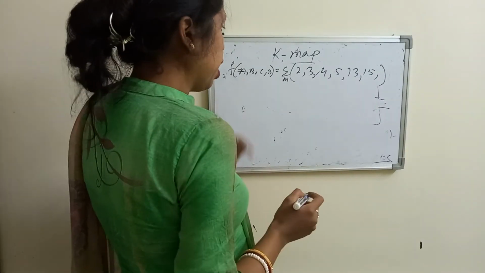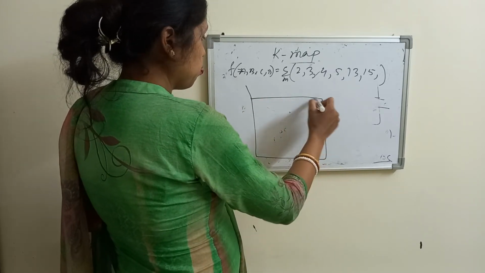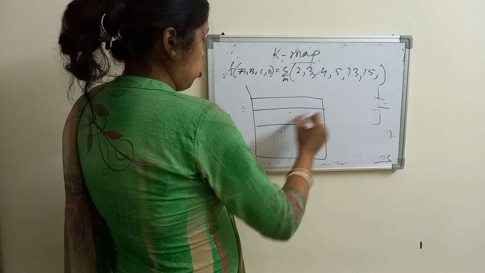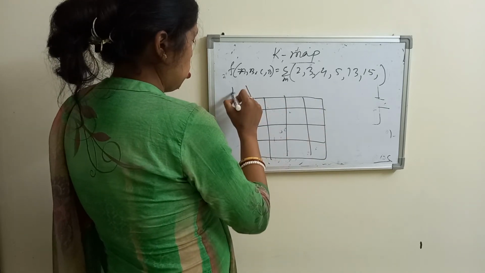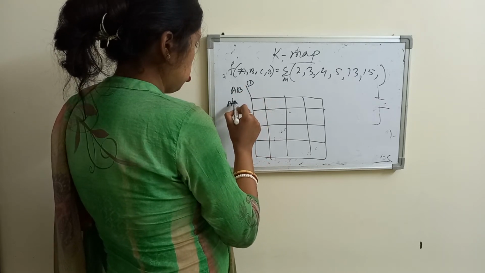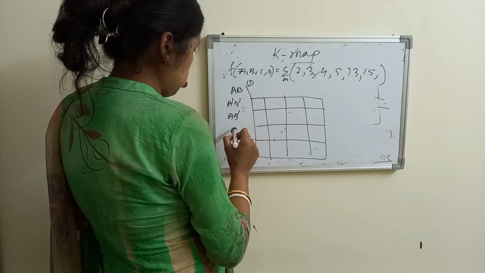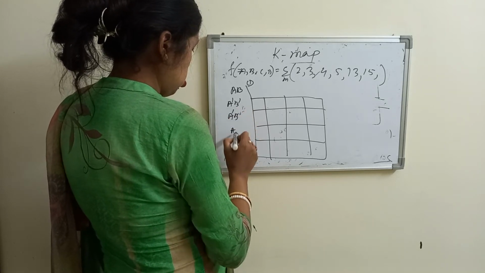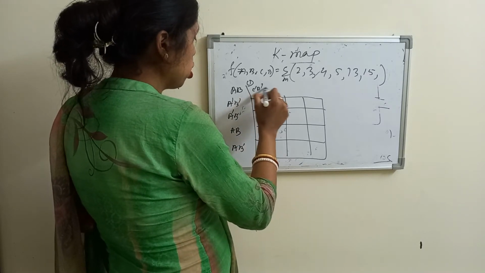This is in the SOP form. So I am drawing the K-map. Here also I am drawing the K-map.